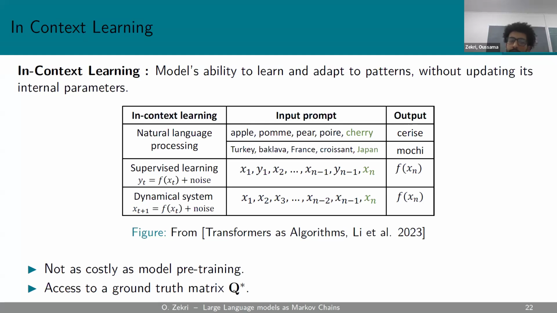Also, if you control your dynamical system, if you know some things about it, you have access to the ground truth, and you will be able to plot the test error and check that it has the same behavior as the bound, right?